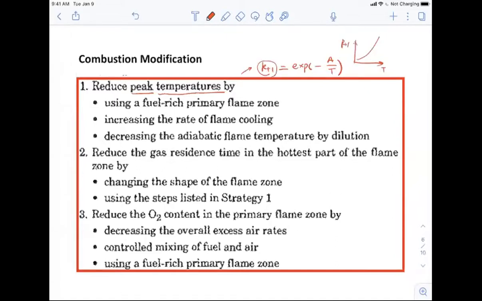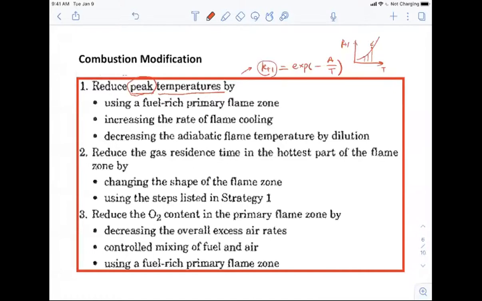So if you can reduce this peak temperature a little bit lower, then you could have a lower NOx formation. Actually it's the peak temperature that determines NOx formation, not the temperatures in lower regions. It's the highest temperature that determines the NOx formation.